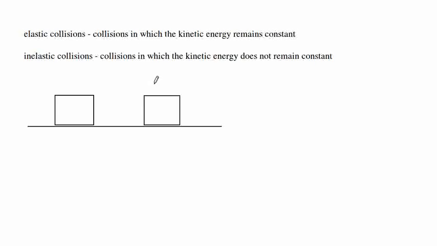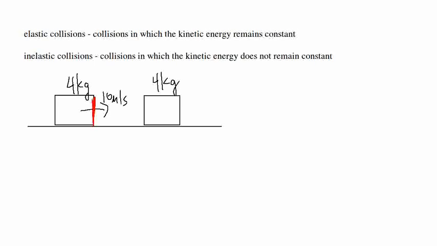All right, so let's say they're both 4 kilograms, and let's say that the moving one has a velocity of 10 meters per second, and so they're going to stick together because the moving one has a sticky side for some reason. Okay, so the question is: is this elastic or inelastic?